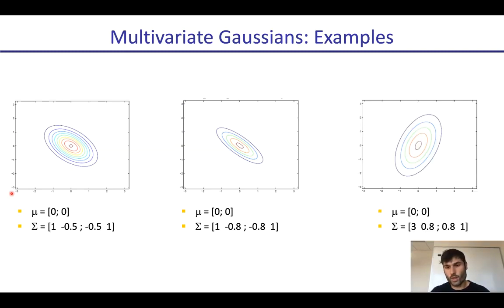And also we can have cases where the diagonal terms don't have to be 1; they can be scaled by any constant. The only conditions that, as I said before, the covariance matrix needs to satisfy are that it's invertible, symmetric, and positive definite, so its eigenvalues are larger than 0.